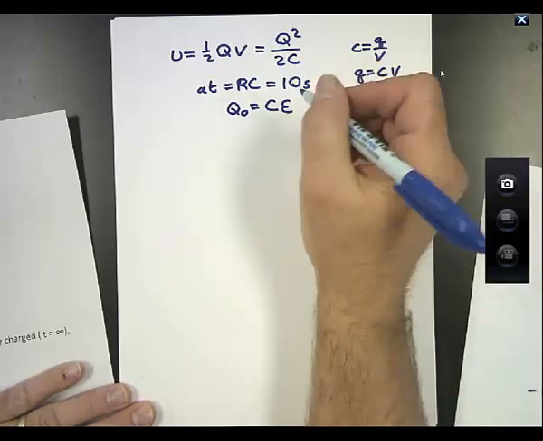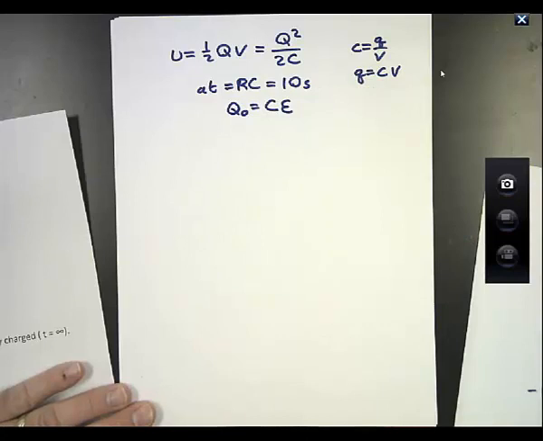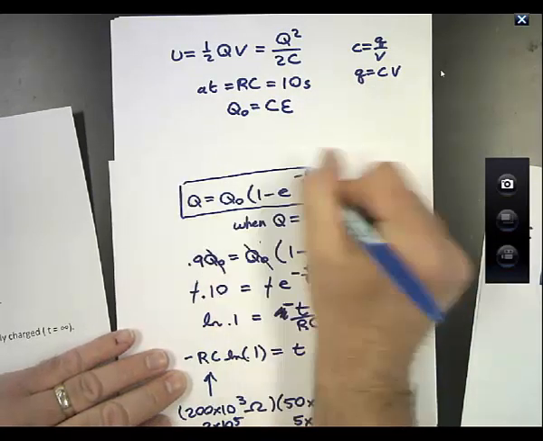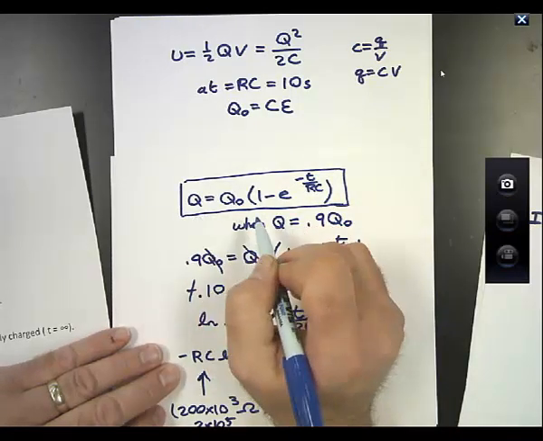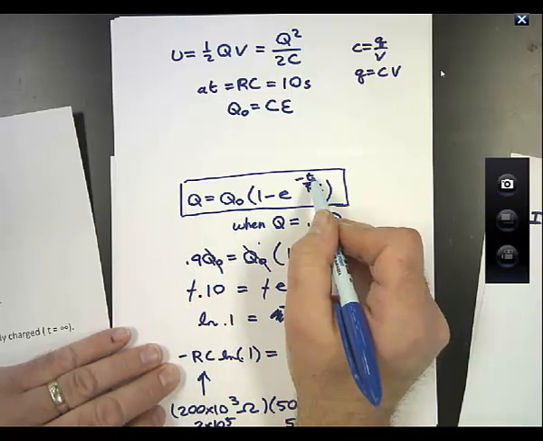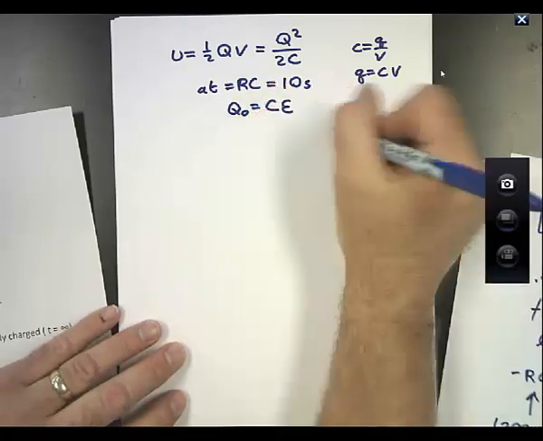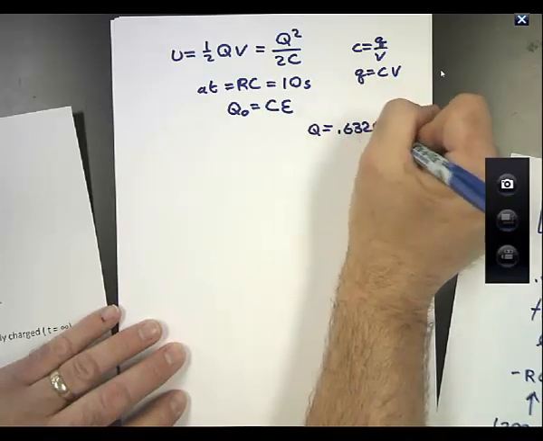Now, if we go back to the equation for a charging capacitor, we find out that when a capacitor is charging, in other words, we put RC in for t, at time t equals RC, Q will be 0.632 Q naught.